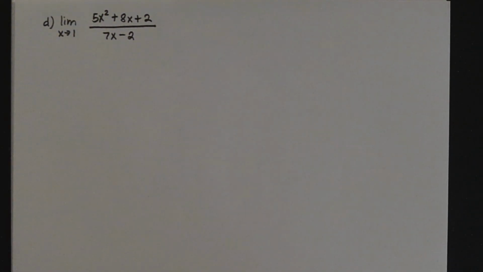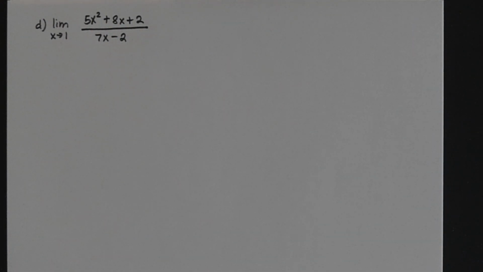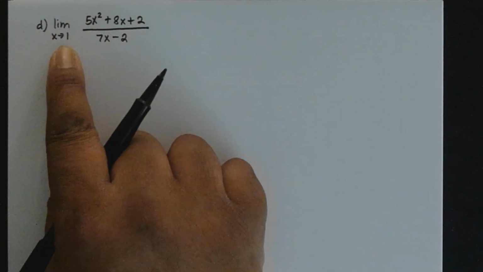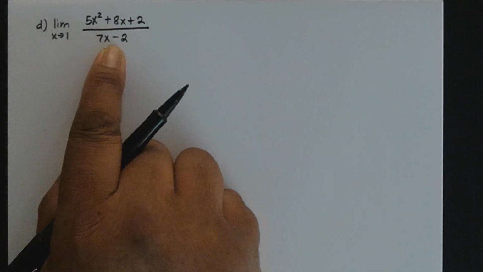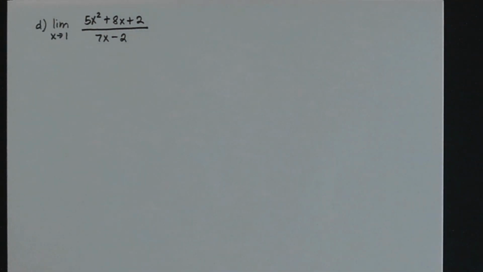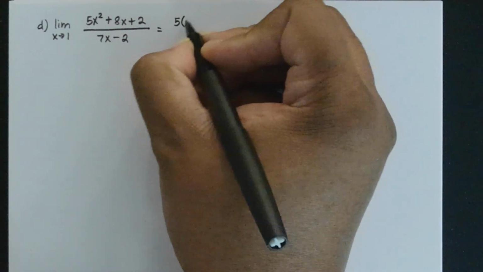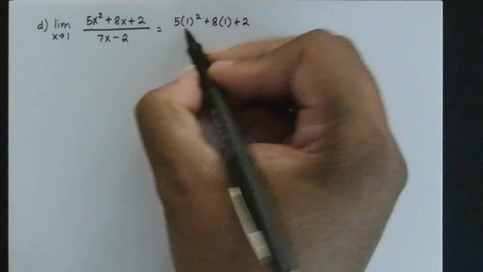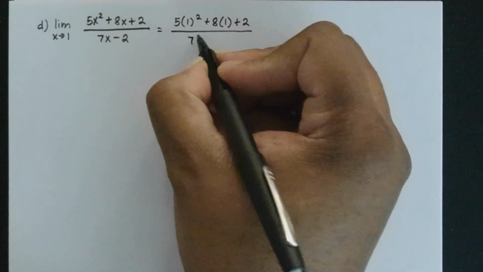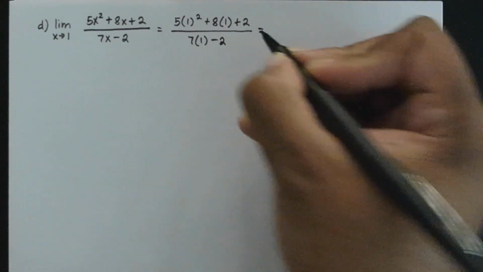In this case, as long as I don't get a 0 in the denominator for this rational function, I can use direct substitution. And if I replace that x with the 1, I won't get a 0 in the denominator. So I can apply direct substitution here. This means I can do 5 times 1 squared plus 8 times 1 plus 2 in the numerator. The denominator will be 7 times 1 minus 2.